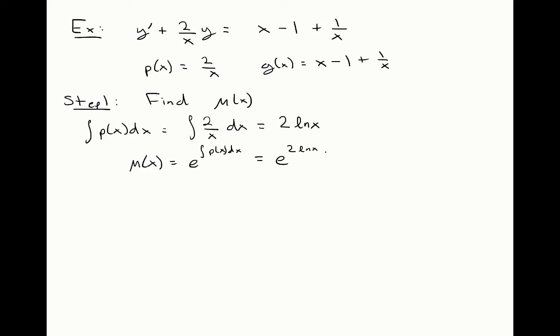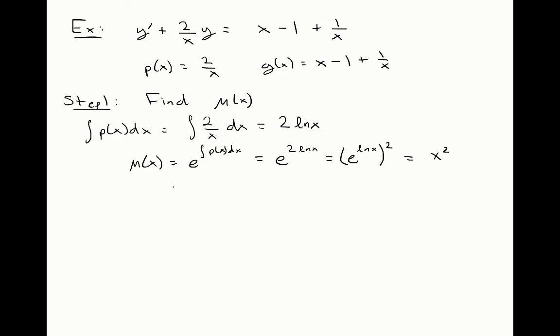Now we can simplify this, and we definitely want to. So let's look at how we do that. You can do it this way, where you remember that when you have two numbers multiplied together in your exponent, it works like this, and e to the log x is x, so you get x squared.